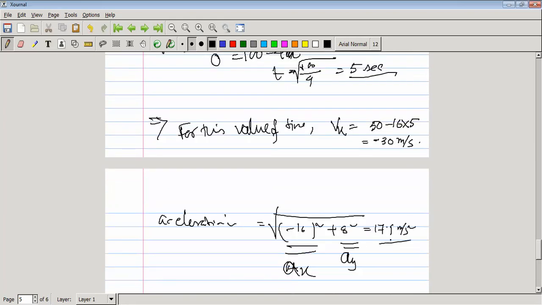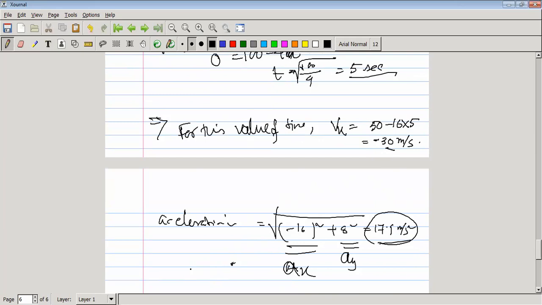Acceleration is 17.9, and remember this is a negative velocity, so this acceleration is also of a negative type, so we can say it is a deceleration. After 5 seconds, this amount of negative velocity indicates the particle moving in that direction is slowing, it will become slower and slower.